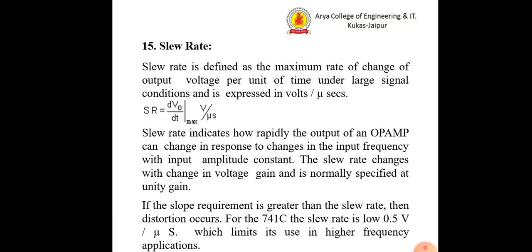For 741C, which we have already discussed in our lecture, the slew rate is low, 0.5 volt per microsecond, which limits its use in high frequency applications. That is, for high frequency applications you need an op-amp which is upgraded as compared to 741C.